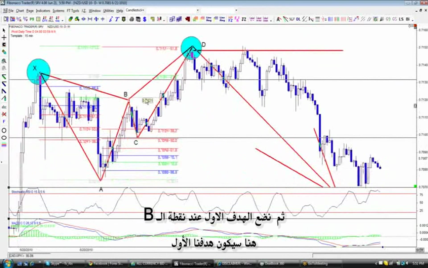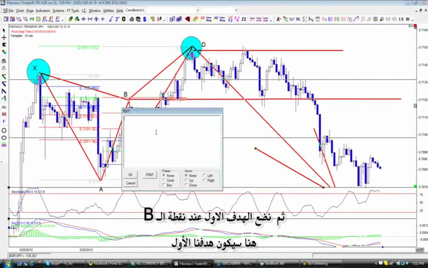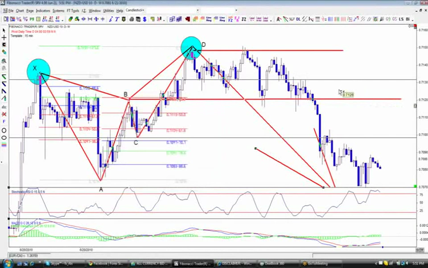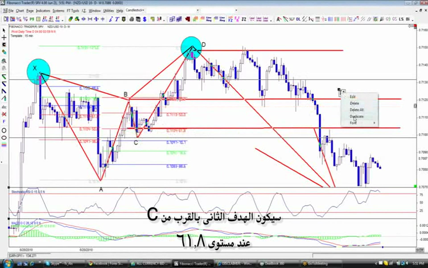Then we said that the first limit is at 382 converging with the B. Here is target 1. Target 2 will be at the C converging with 1618.